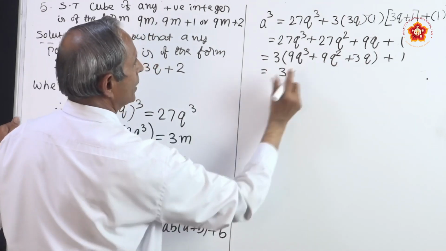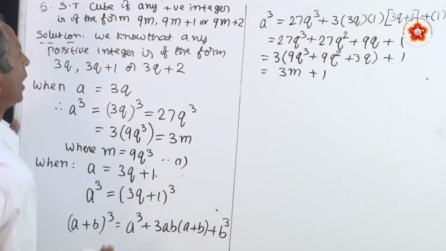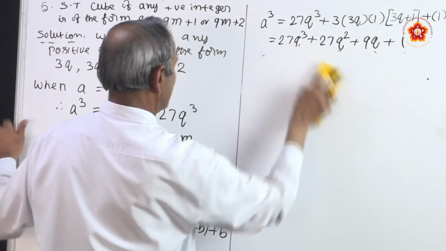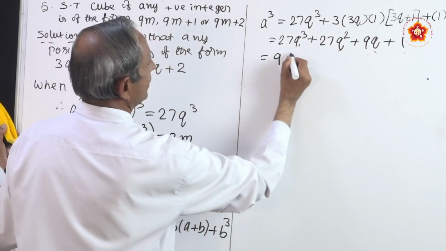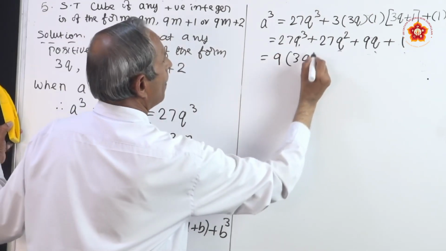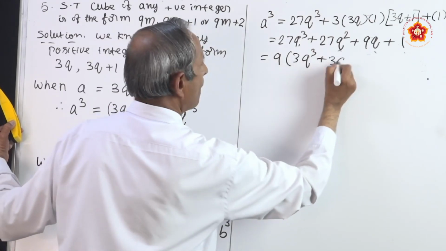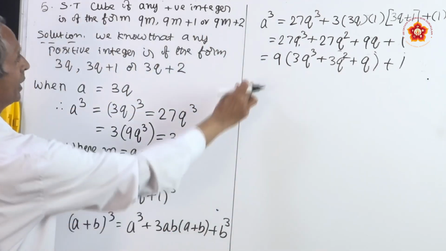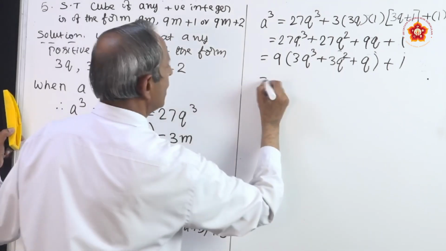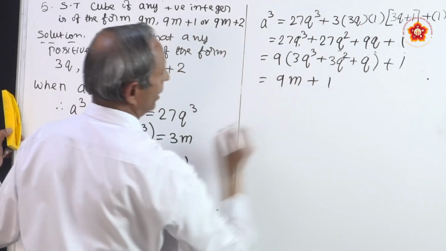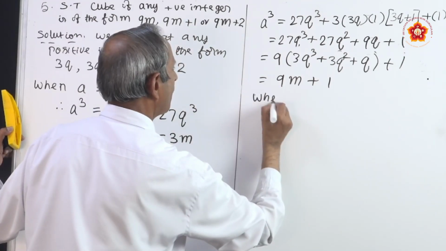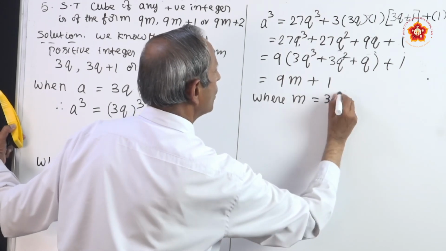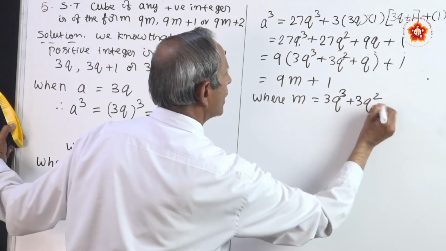So we can represent it in the form of 9m plus 1, where m equals 3q cube plus 3q square plus q.